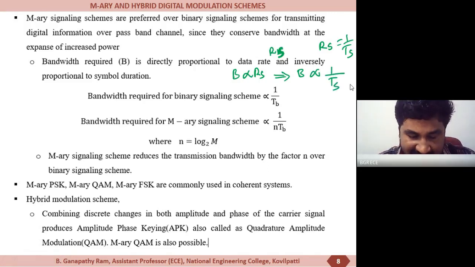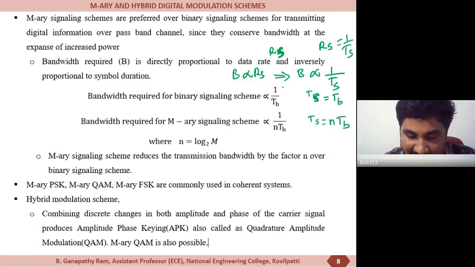So the bandwidth required for a binary signaling scheme is directly proportional to 1 divided by Ts, where in the binary transmission scheme Ts is equal to Tb. The symbol duration is equal to the bit duration, so we can write 1 divided by Tb. Whereas the bandwidth required for an M-array signaling scheme is directly proportional to 1 divided by Ts, where Ts is equal to N into Tb.